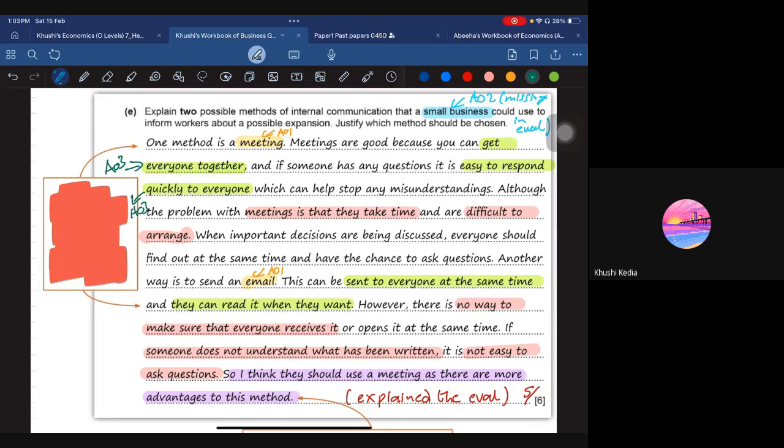But on the other hand, when you see the drawback side, when he says that although the problem with the meeting is that they take time and are difficult to arrange, do you think it seems to be more of the analysis or the knowledge?